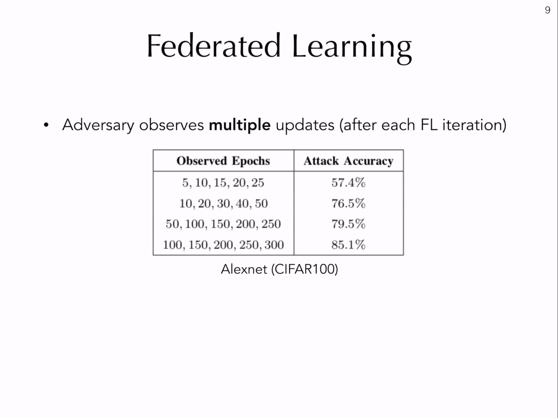In the case of federated learning, the adversary, whether it being the parameter server or the other participants, would not observe only one snapshot of the target's model, but multiple updates. Because at every iteration, you update the model with the same training data and send it to the adversary. The adversary can look at the trajectories of the change and infer information about which data is part of the training set.